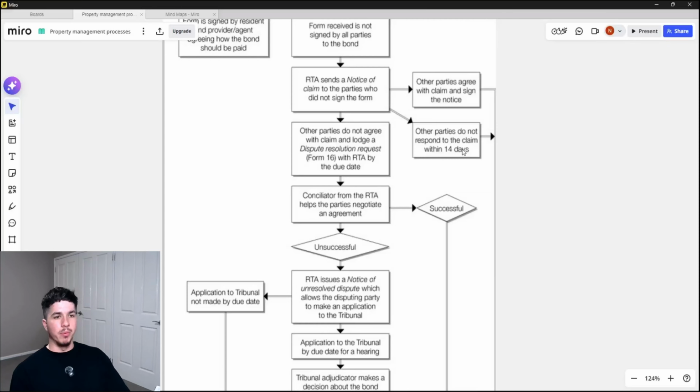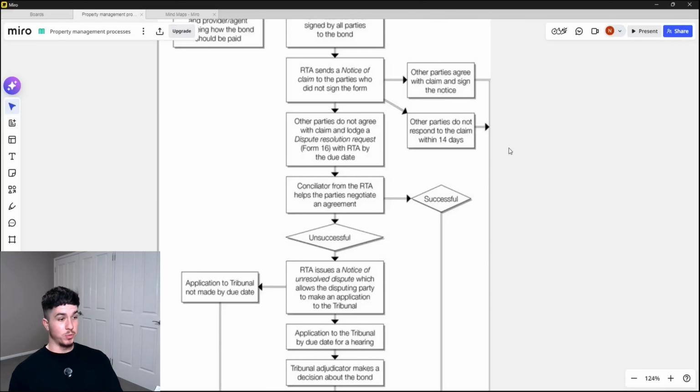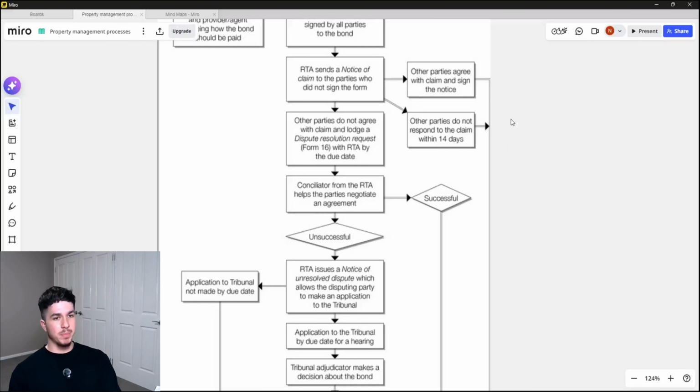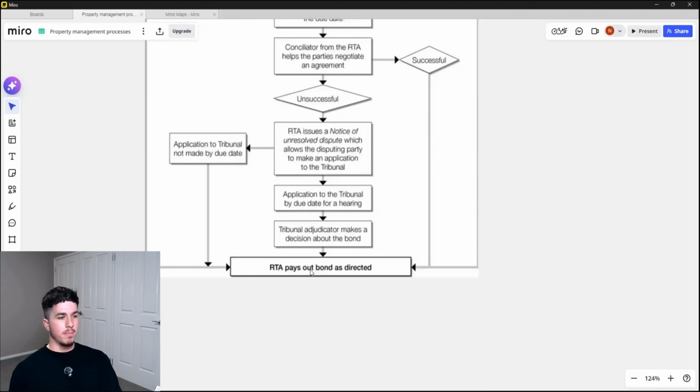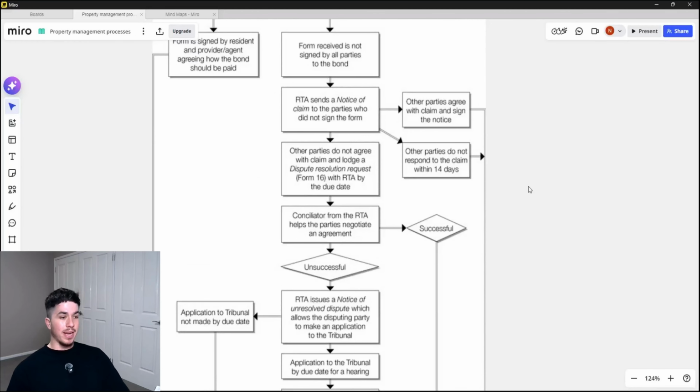If the tenant did not agree within that first period that the RTA gives, and we do not sign the notice of claim because the RTA received no response from the property manager within those 14 days, which is 2 weeks, which is a very long time, because the bond has been claimed, the RTA pays out that full bond to that tenant, which is a very dangerous thing, because if an email is missed, or if for some reason the property manager is still finalizing the bond, there's only 14 days to dispute that claim, otherwise that full bond gets refunded to the tenant.